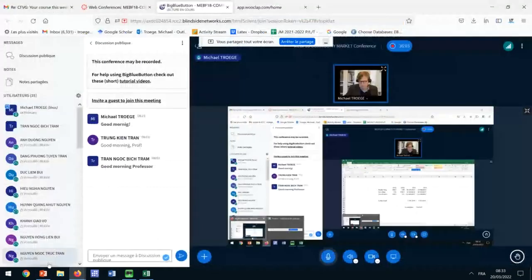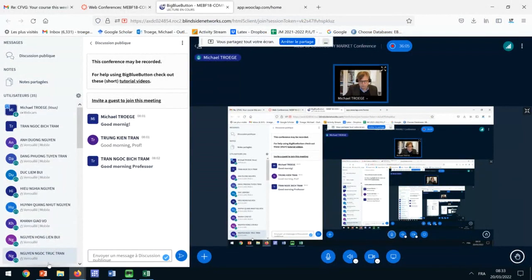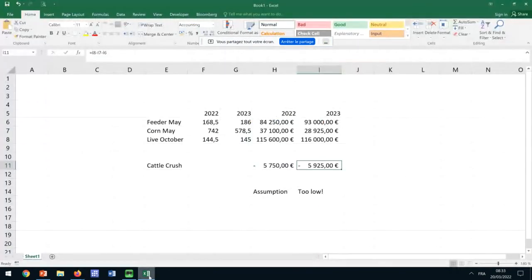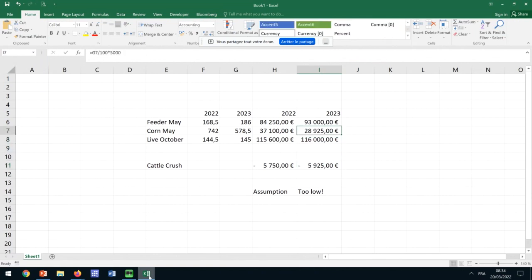Now, the question is, how do we benefit from this knowledge? Again, the idea is we have no clue where the overall prices are going. We have no clue if the corn price is going up or down, or the feeder, or live. Individually we don't know, but we have the impression that this relationship is not where it's supposed to be. So what can we do?